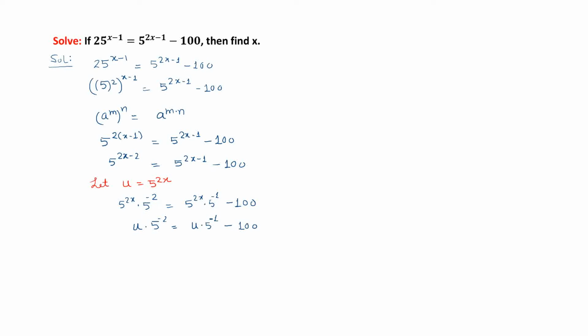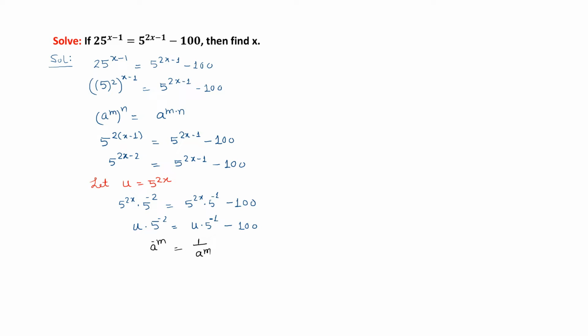So we already know that a to the power minus m can also be written as 1 upon a to the power m. So here we can write 5 to the power minus 2 as 1 upon 5 to the power 2.